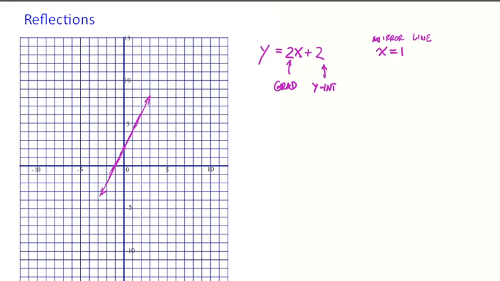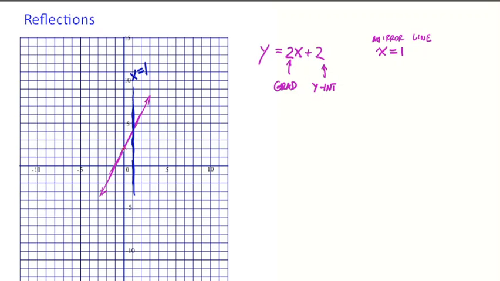Now, what about our mirror line? So our mirror line is x equals 1. So this is x equals 1, and for any y, I'll basically have the same value of x. So this is our mirror line, x equals 1. So how would our reflection look? So we can observe any points that we know.